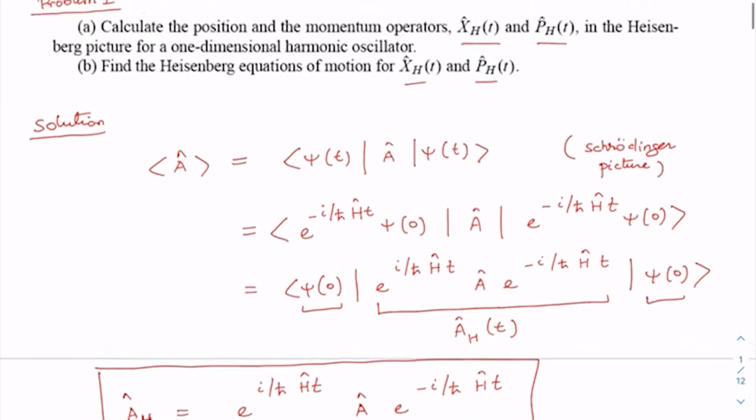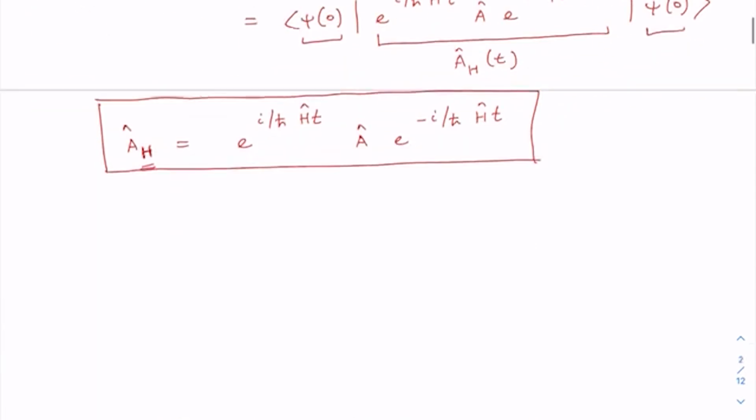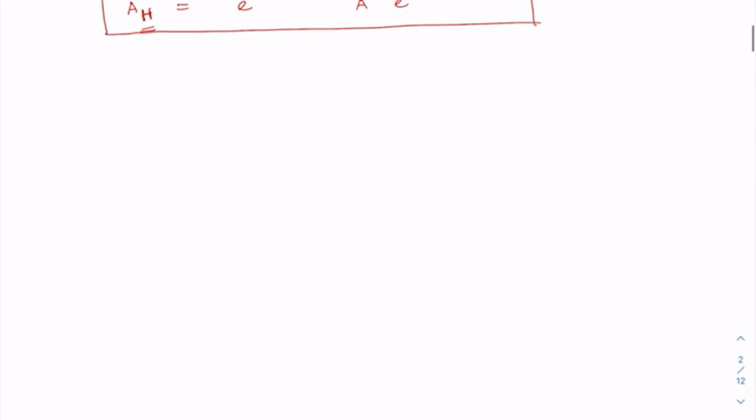In this given problem, the system is a one-dimensional harmonic oscillator. So the Hamiltonian for that one-dimensional harmonic oscillator we know is p square by twice m, that's the kinetic energy, plus the potential energy, half m omega square x square. m is the mass of the harmonic oscillator and omega is its angular frequency.